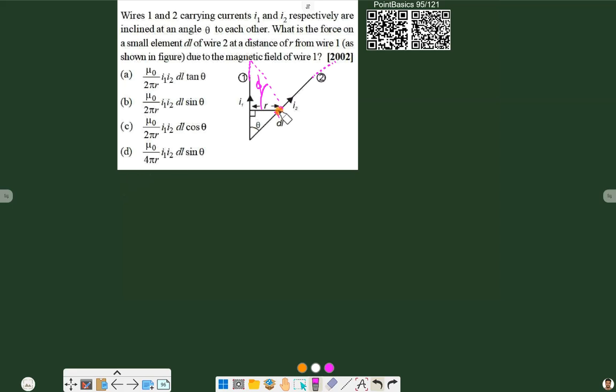So the magnetic field at this point will be B equals mu naught by 4 pi d into the current of the first wire, because the first wire is producing the magnetic field, sine of phi plus sine of theta. Sine of this angle we have to take, that is 90 minus theta.